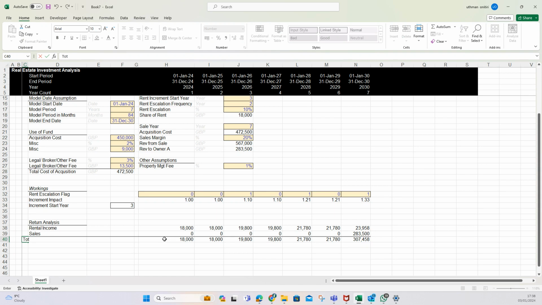So total revenue. That's all that comes to you. But again, recall we assume the management fee. So I'm gonna do management fee.